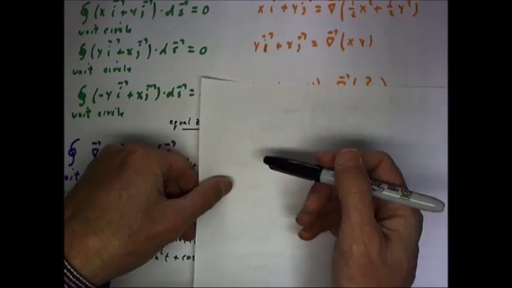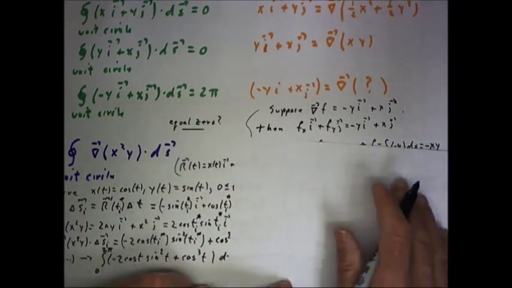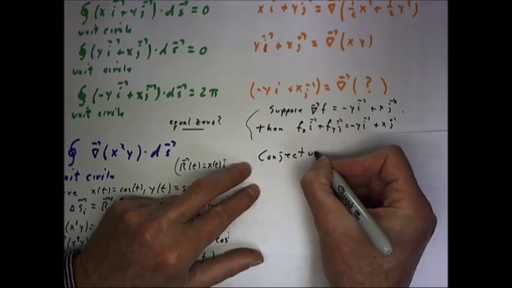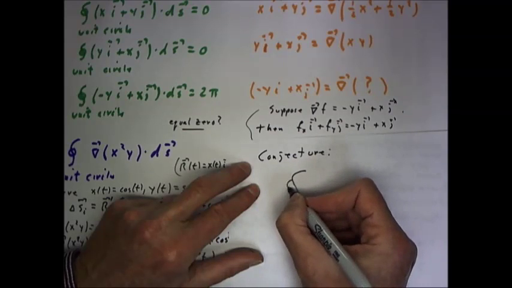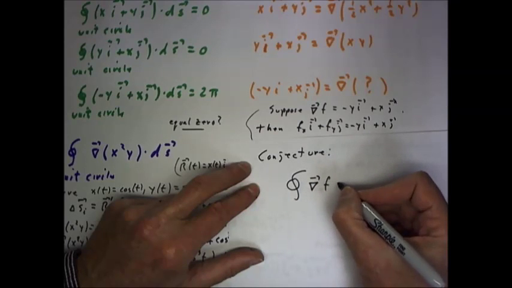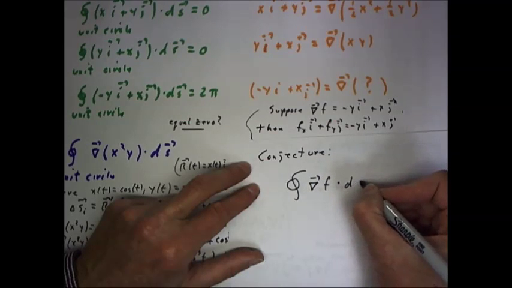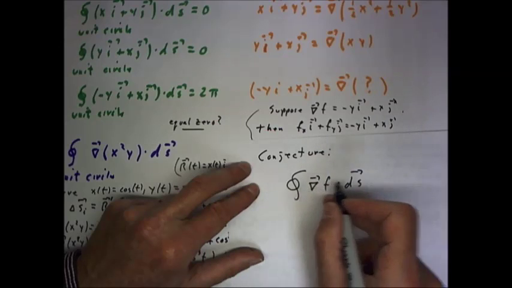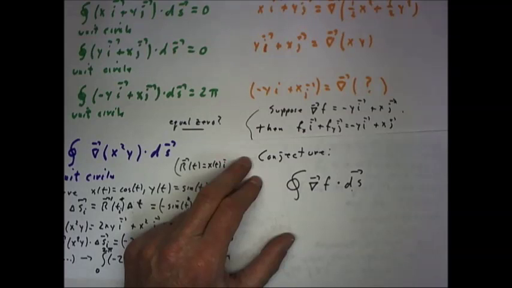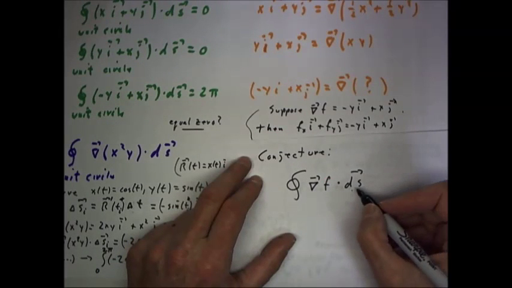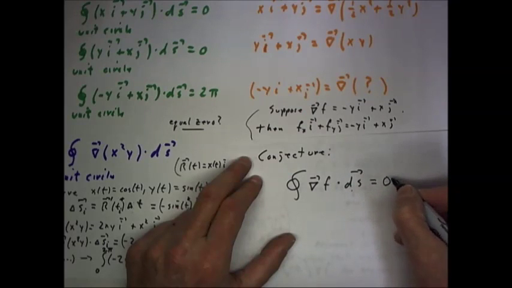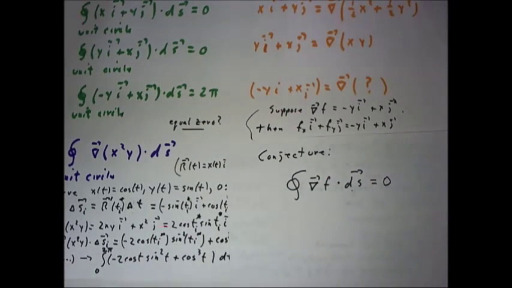Based on these results, we're going to make a conjecture, and then we're going to prove that it's so. The conjecture is that the closed line integral of any function which is a gradient function dot with the increment vector ds is going to be 0.